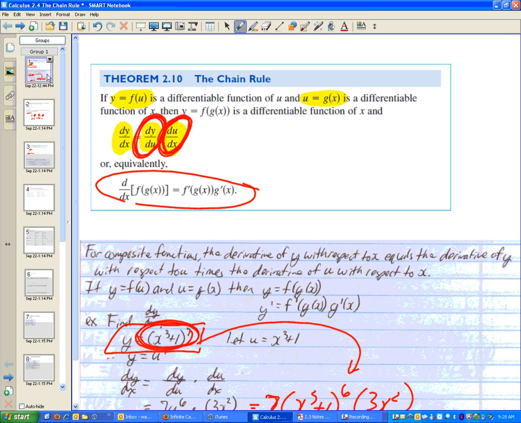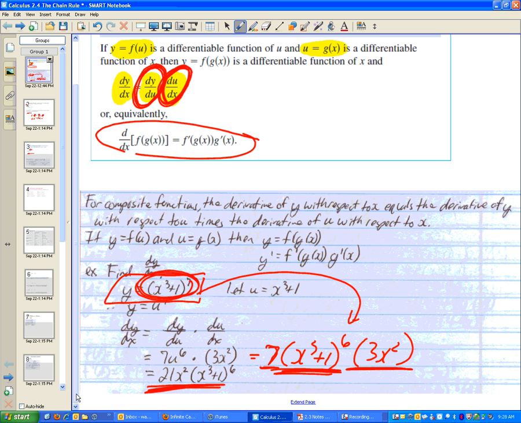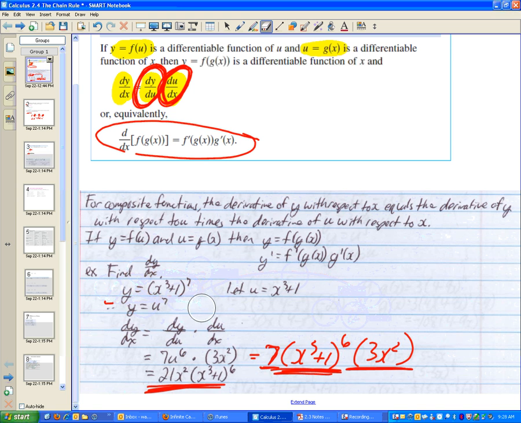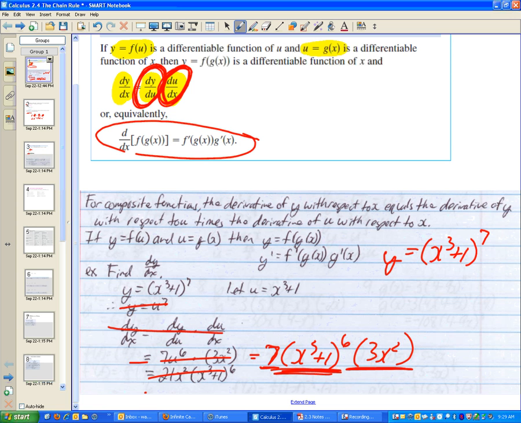Well, now wait a minute. Isn't that exactly what we did here? If our quantity is u, even if I leave that step out and leave that step out, if I have y equals x cubed plus 1 to the 7th, what's in the parentheses? That's u of x. According to the general power rule, the derivative of y with respect to x equals, then we did the power rule on this.